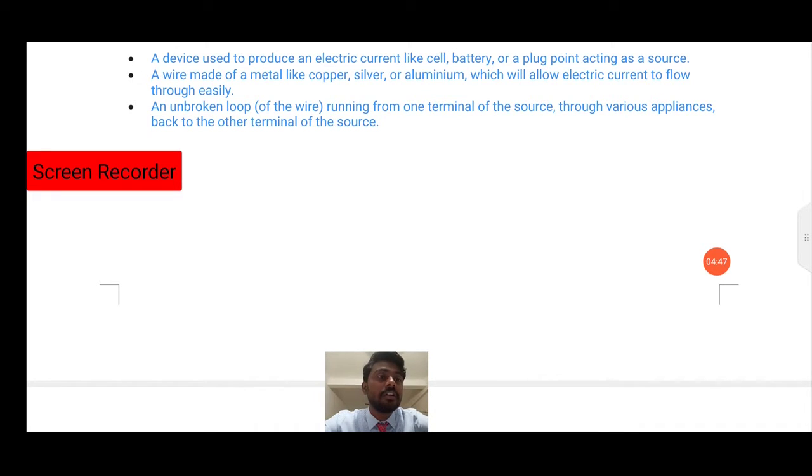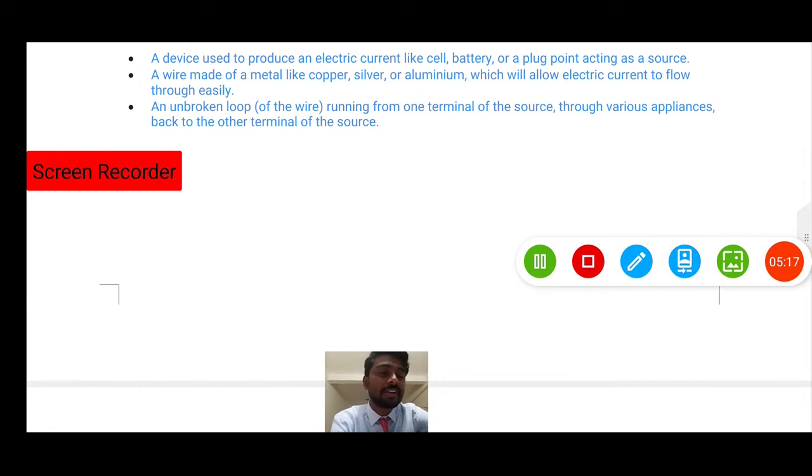And an unbroken loop of wire running from one terminal of the source through various appliances back to the other terminal of the source.